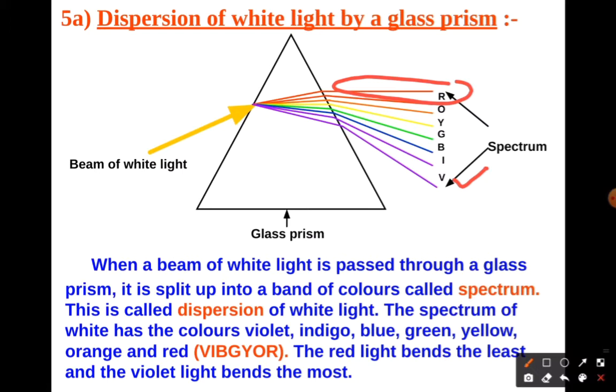Due to the difference in their speeds, the bending of different colors, or in other words different wavelengths, is also different, through different angles of refraction. Since the wavelength of red color is more than violet, the angle of refraction of red color is least, and hence red color deviates the least.